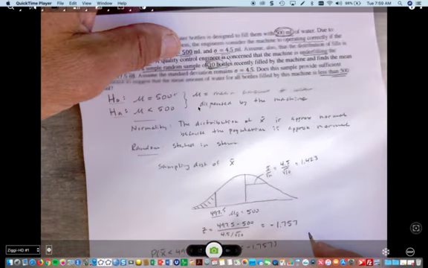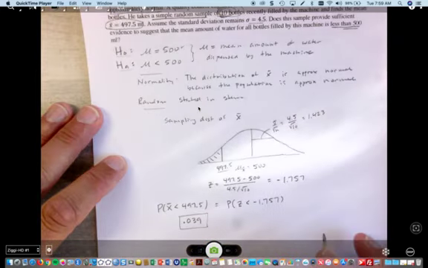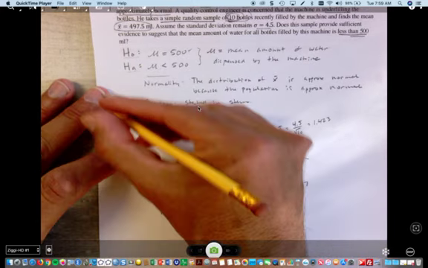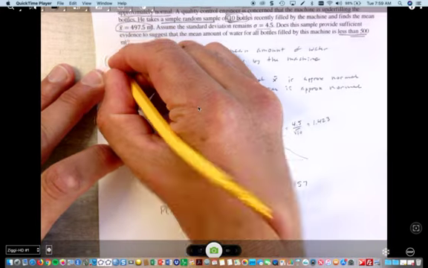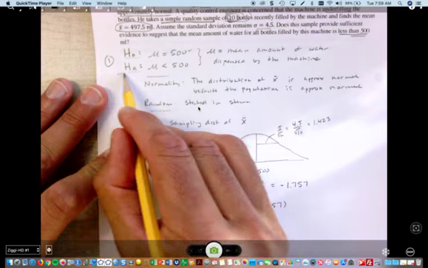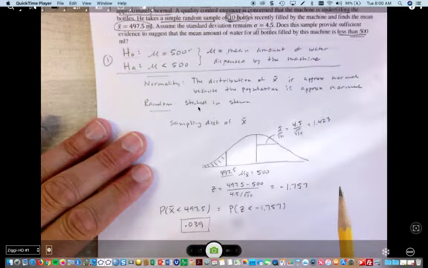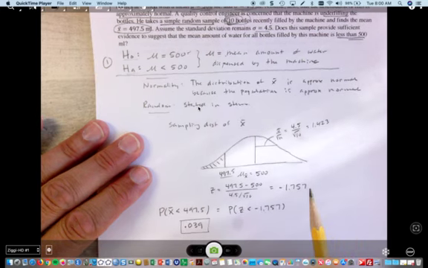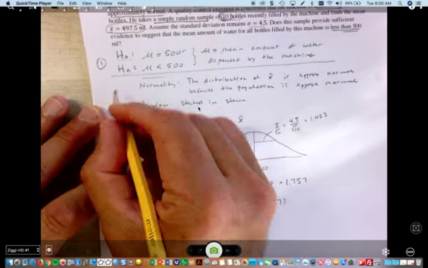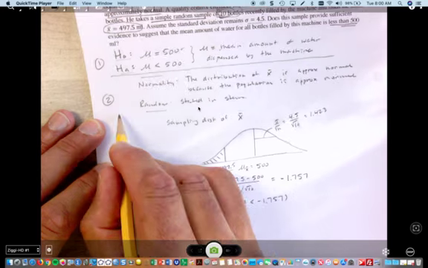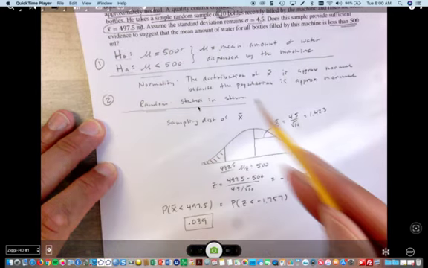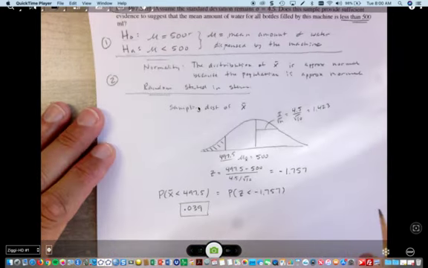Typically when I look at your work on a hypothesis test, the first thing I'd like to see is the hypotheses, and also the parameter that we're trying to test, defined. The second step is the conditions that are necessary, or the assumptions that we're making.